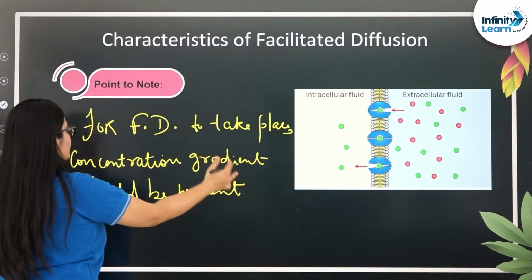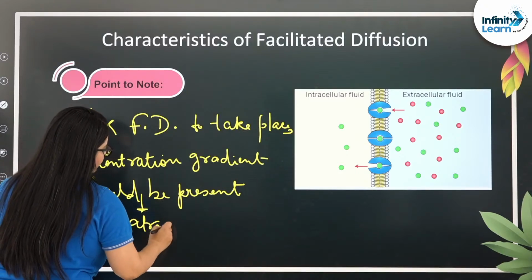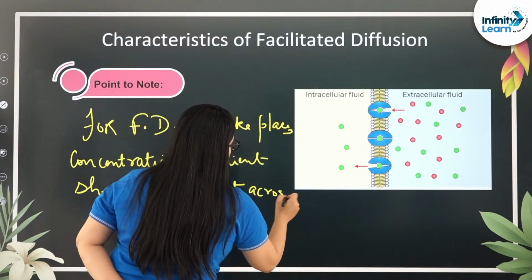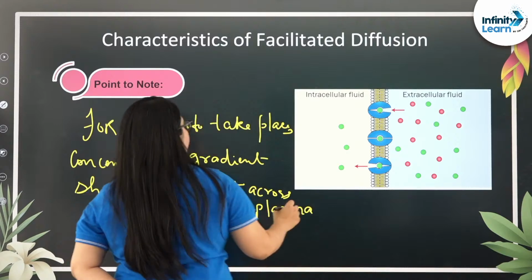So the concentration gradient should already be present across the plasma membrane.